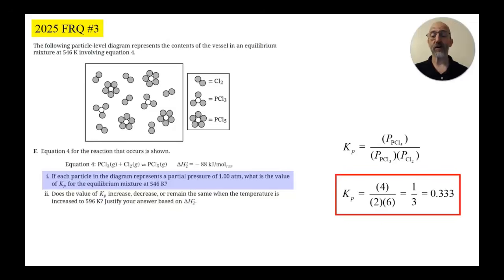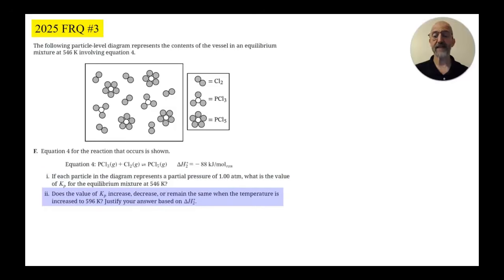Now, the next part of this question is not a calculation, but rather your understanding of Le Chatelier's principle as it relates to temperature changes. So we have a Le Chatelier's principle situation. It says, does the value of the equilibrium constant Kp increase, decrease, or remain the same when the temperature is increased to 596 Kelvin?